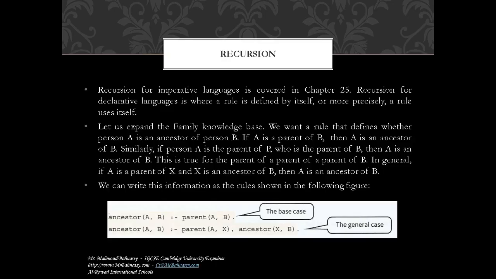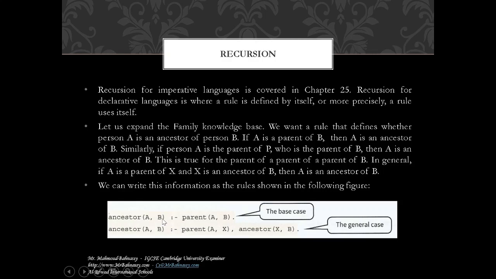Recursion. Recursion in Prolog is similar to the one we did in the imperative language before. In imperative, we said that it's a kind of function that calls itself. And this is the same idea here in Prolog.